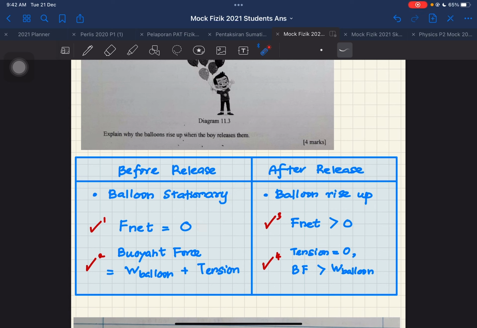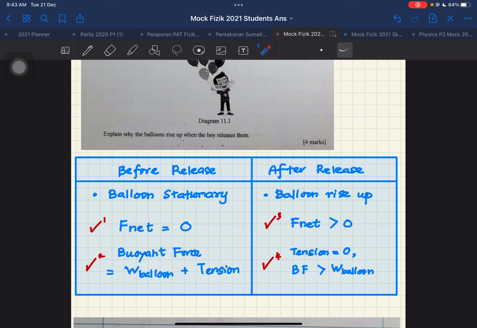And then when the net force is 0, it means that the buoyant force will be equal to the force downward. Buoyant force is upward force. So buoyant force will be equal to the total force downward. So that's why we have weight of the balloon plus the tension in the string. So that will be 2 marks. Okay, mark 1 here, mark 2 here.